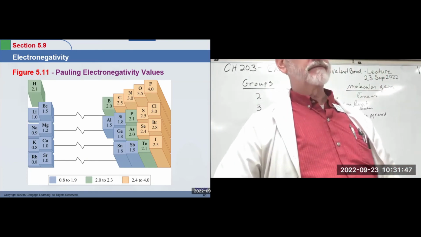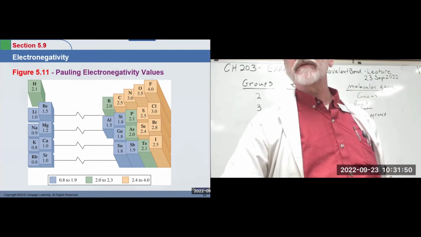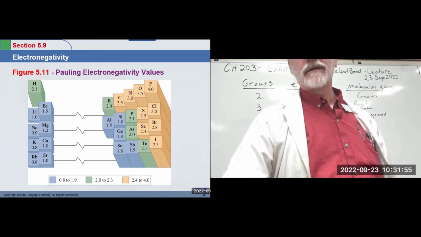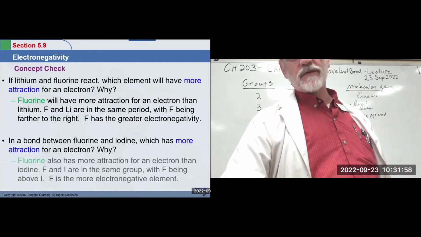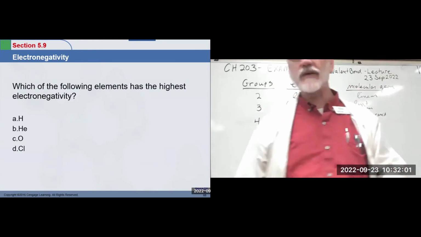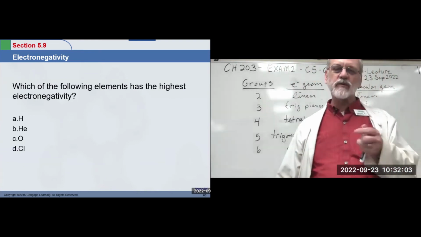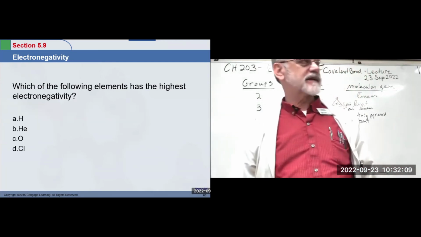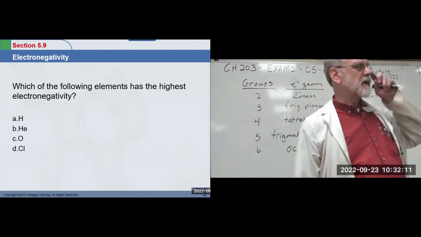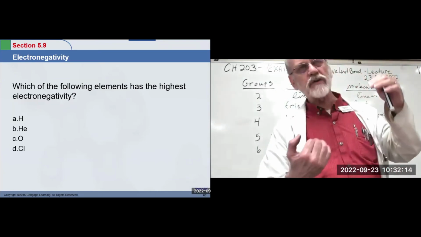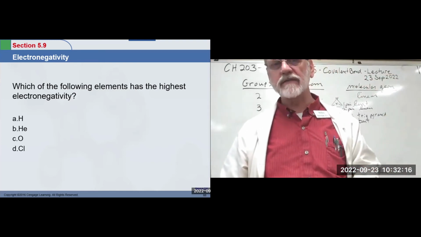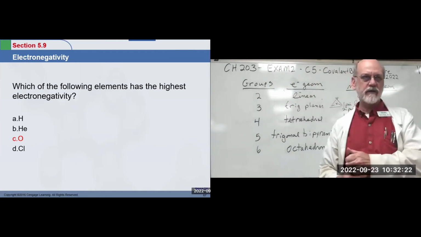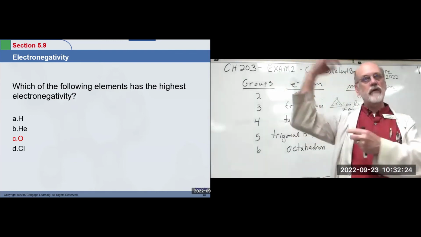It defeats the whole purpose to try to determine electronegativity for a noble gas. They don't care. So in this list, we can just discount helium. Then the battle is between oxygen and chlorine. It's kind of difficult to decide because chlorine is below oxygen. I would think oxygen would have a higher electronegativity. Let's see if I'm right. Yeah. Oxygen has a higher electronegativity than chlorine because it's above chlorine.